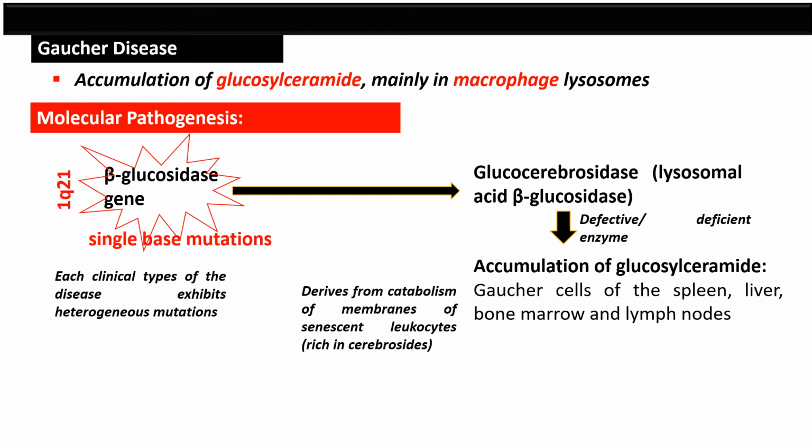This glucosylceramide is derived from catabolism of membrane of senescent leukocytes that are rich in cerebroside, and in the brain they come from the cell membrane of the brain cell that contains gangliosides.